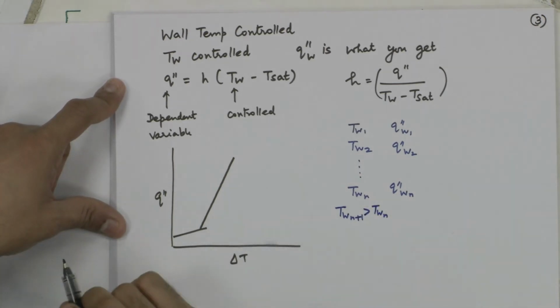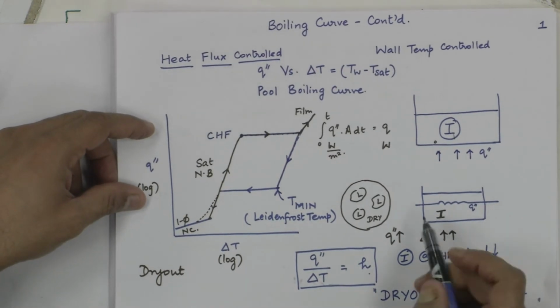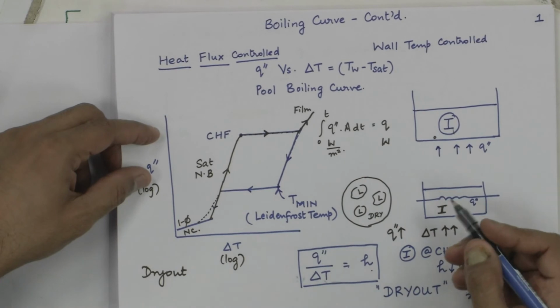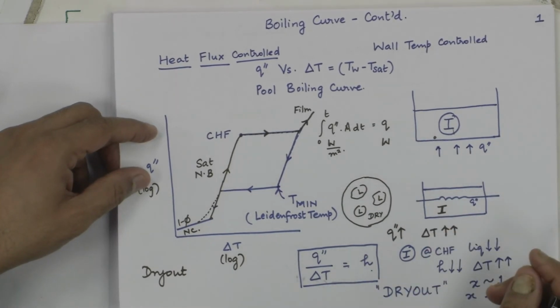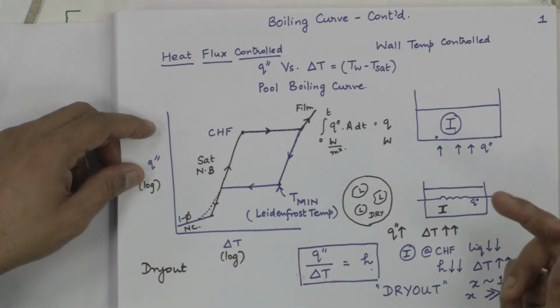With that small increase in the wall temperature, suddenly whatever we said here will start to happen. You can suddenly start losing liquid from the heated surface, because the sudden decrease in the heat transfer coefficient is going to be caused by rapid evaporation, rapid boiling away.